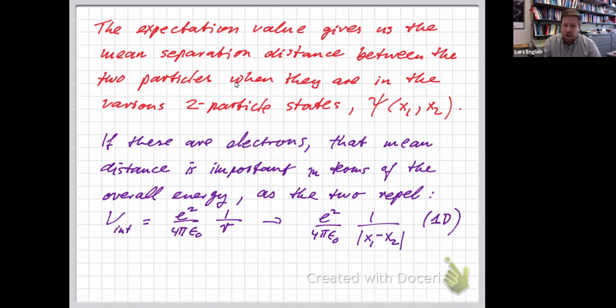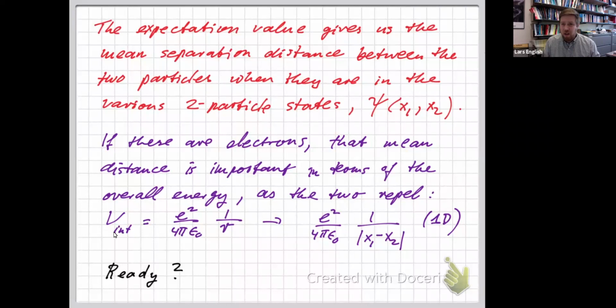I can even write it here. It's e squared over 4 pi epsilon naught times 1 over R, right? R being this x1 minus x2. And so if I know on average how far these guys are from one another, then I also know what the overall contribution is of the interaction term. Okay, so that's the payoff. That's the goal that we're working towards.